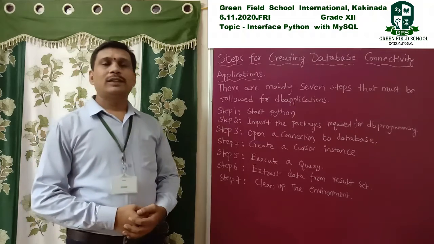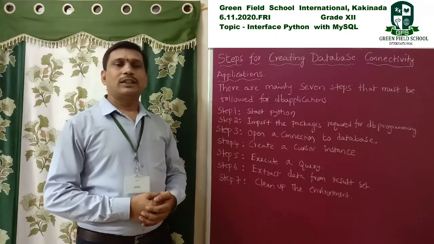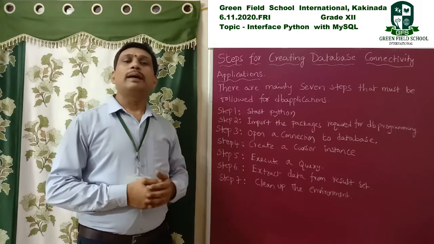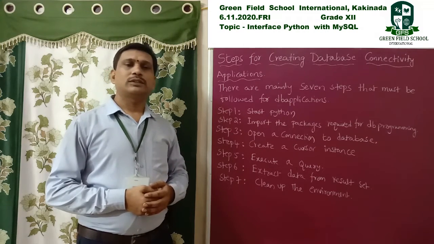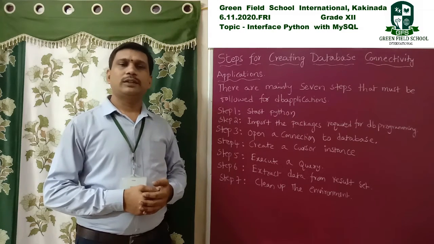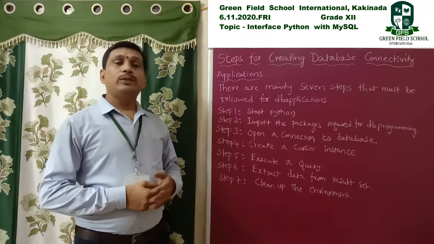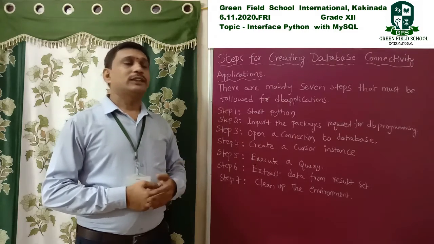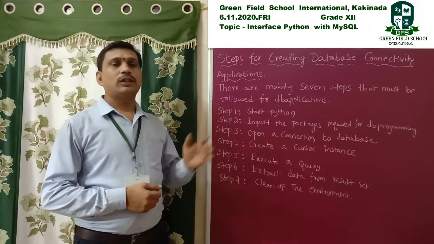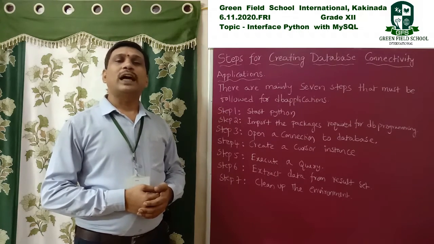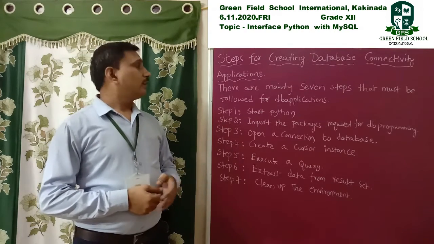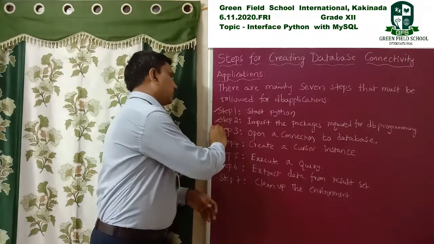Last class, we discussed some of the interface concepts with Python programming or script: how to install PAP, what is meant by PAP. By using these 7 steps, we develop database applications, and last class we discussed the first 3 steps.